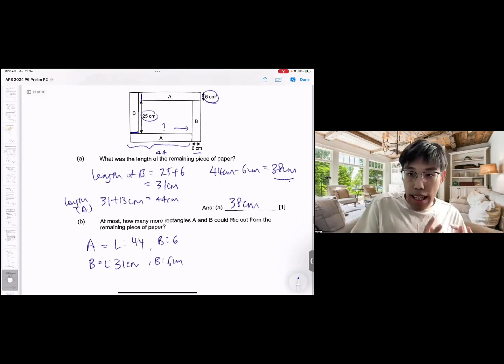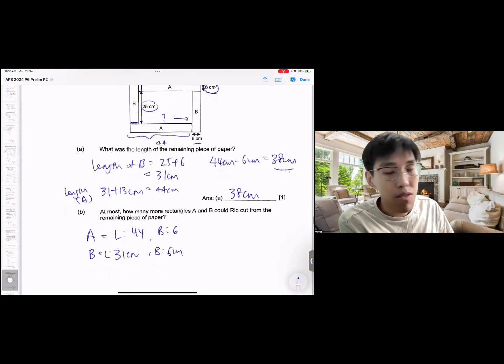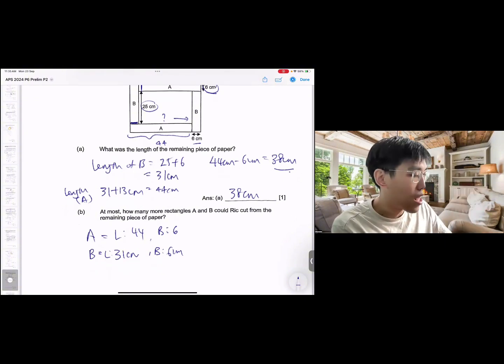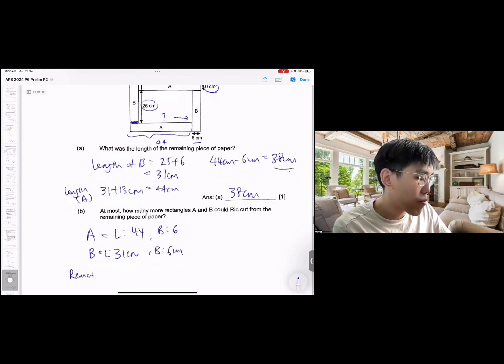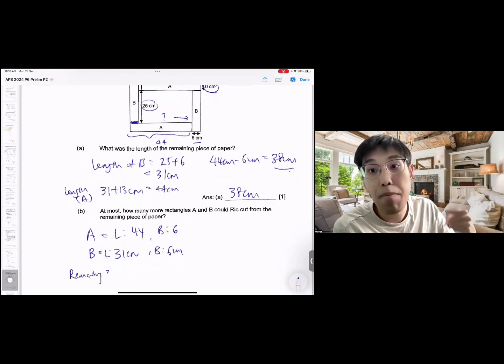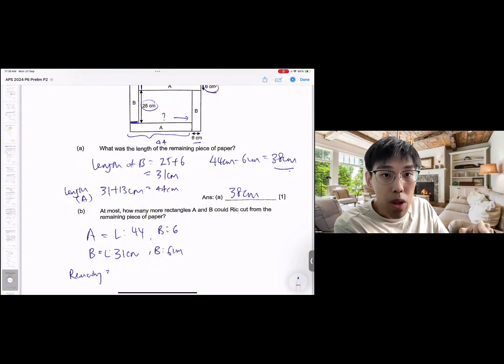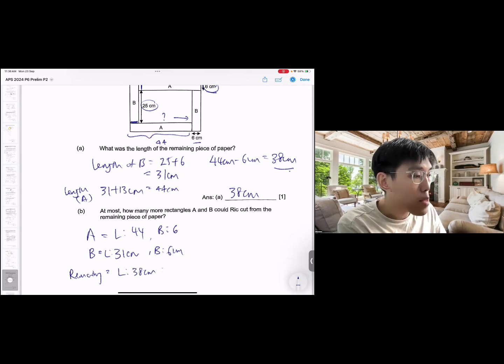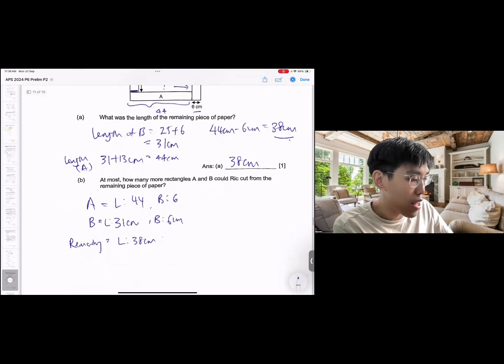So write down first. And then we want to find from the remaining area, which is the part I just shaded, what are the dimensions of the remaining piece? We already know the length is 38 cm. What's my breadth? The breadth here is 25 because they already gave me in the question that it is 25.